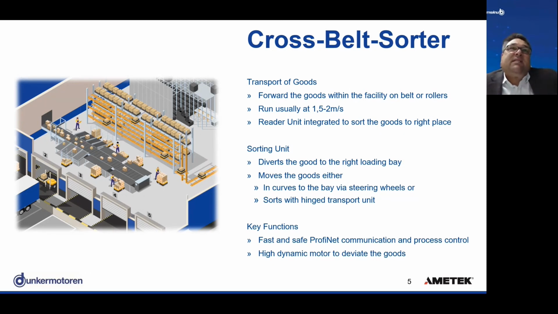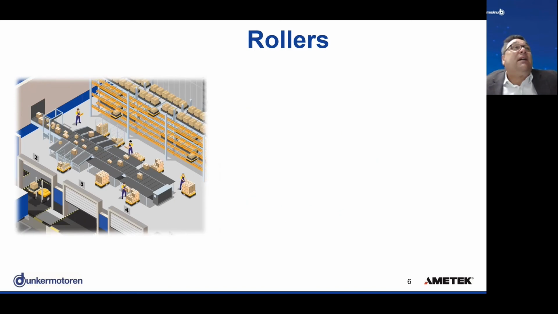What also is needed is high dynamic motors, because due to the speed and the sorting speed, we need quick and fast movements to sort out the goods off the belt. The second part are the rollers.